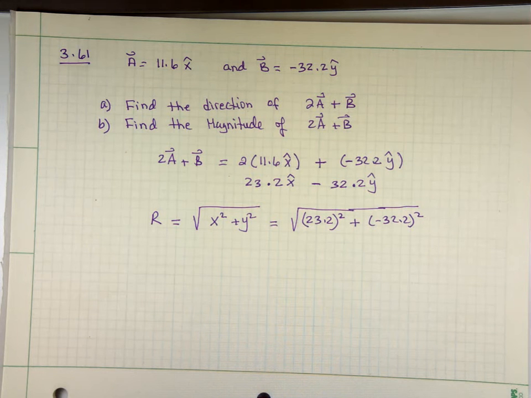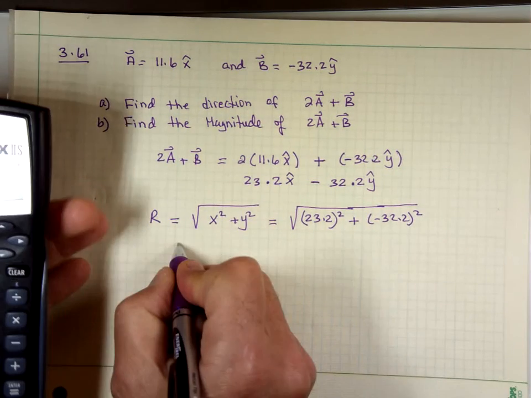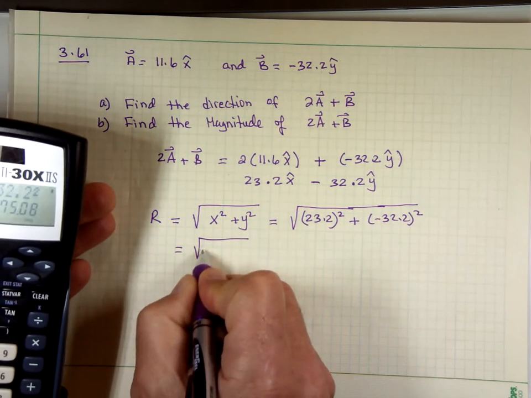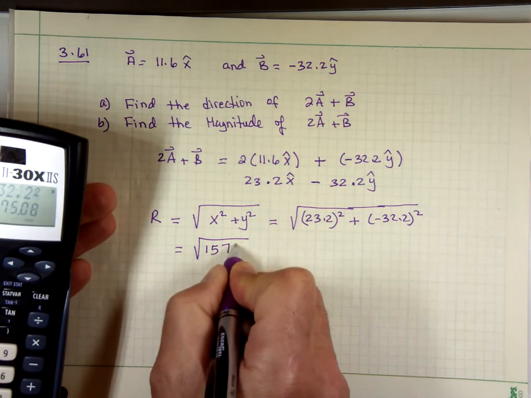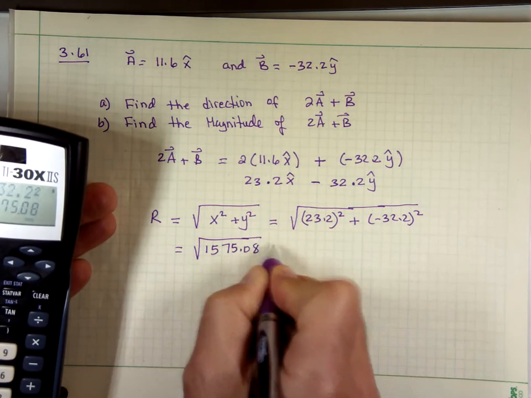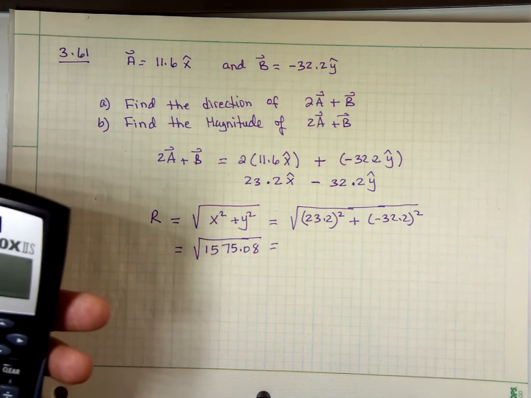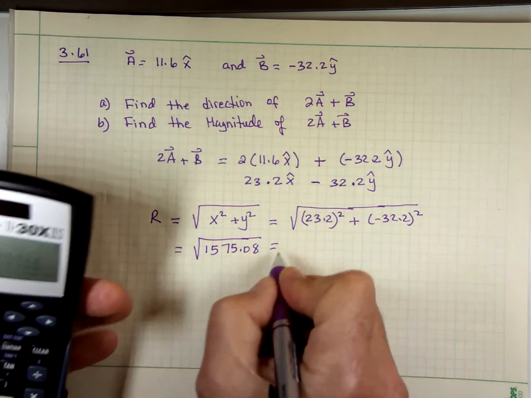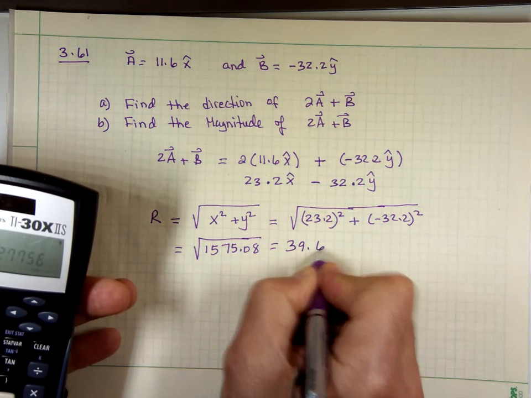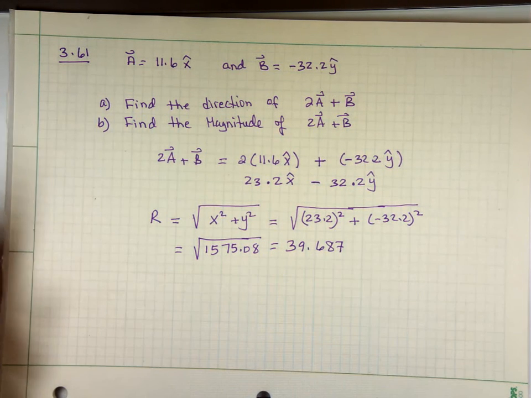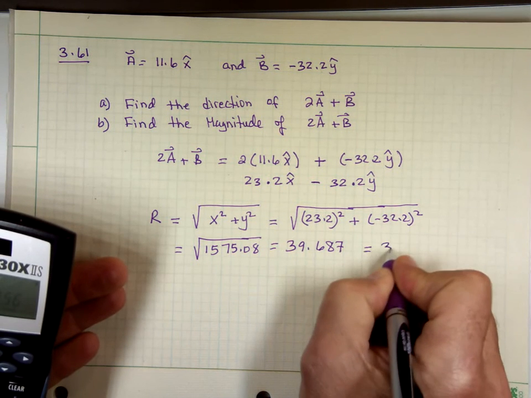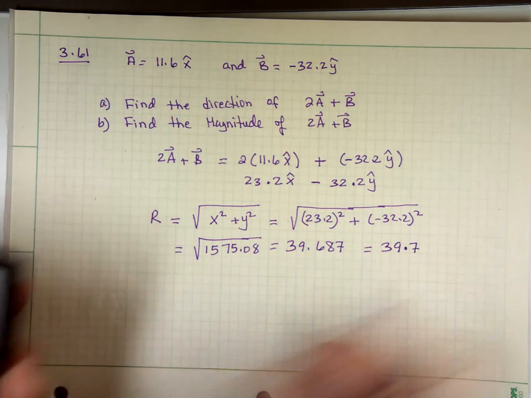So 23.2 squared plus 32.2 squared. So this will be the square root of 1575.08. 39.687. Let me look and see how many significant digits they're using. They're using 3 significant digits, so that will be what? 39.7. That's the magnitude. That's the answer to part B.